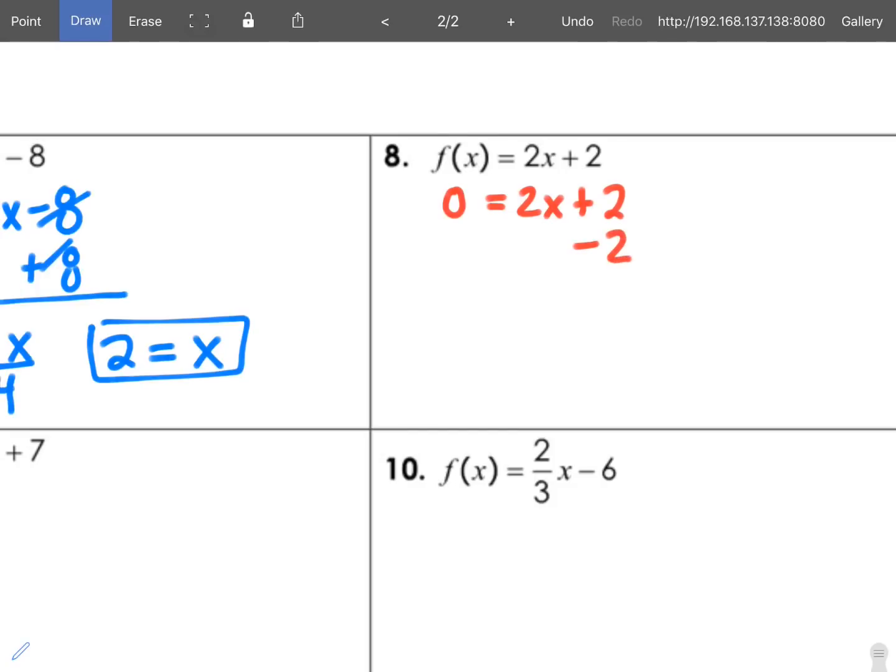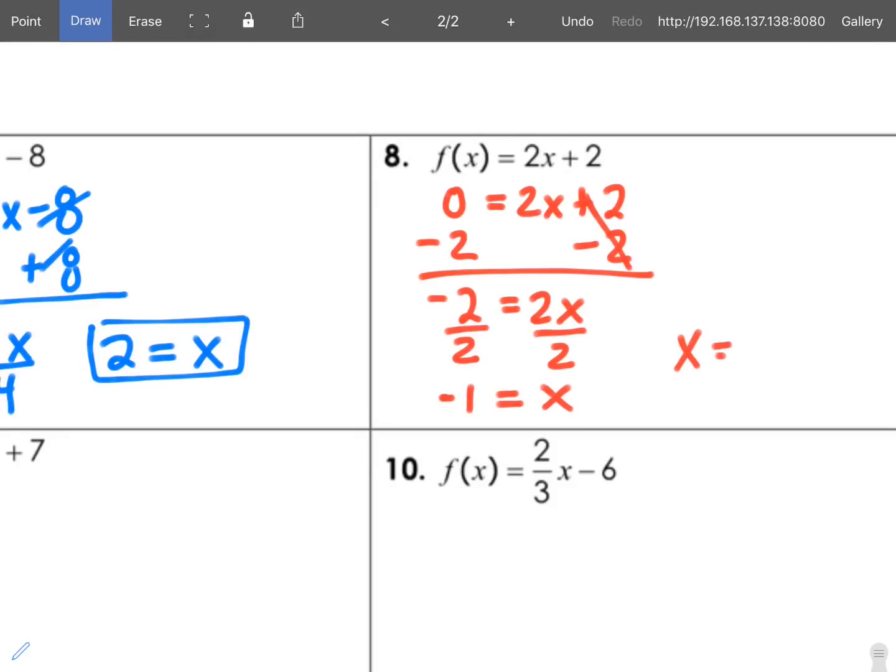Okay, so I'm going to subtract 2 from both sides. Negative 2 equals 2x, and then to get x alone, divide by 2. So negative 1. So x equals negative 1, or negative 1 equals x. Same thing when you have an equal sign.